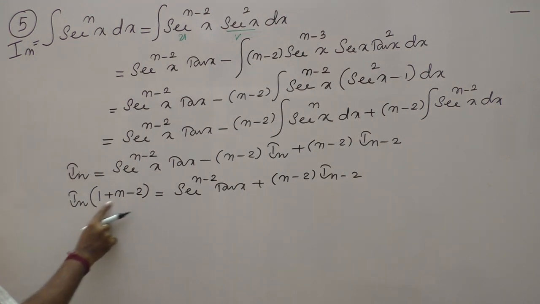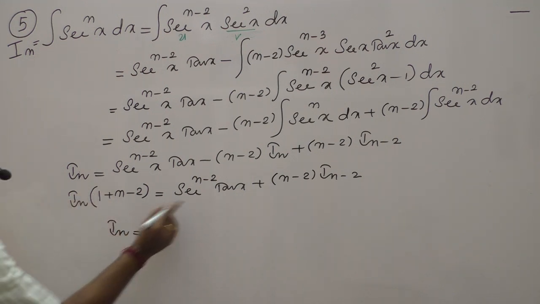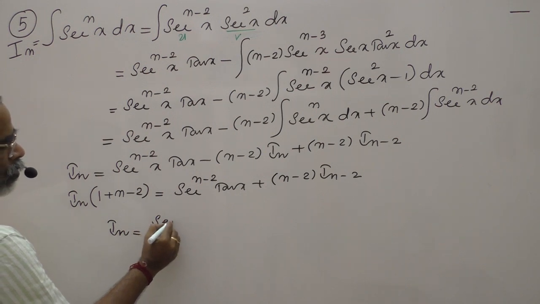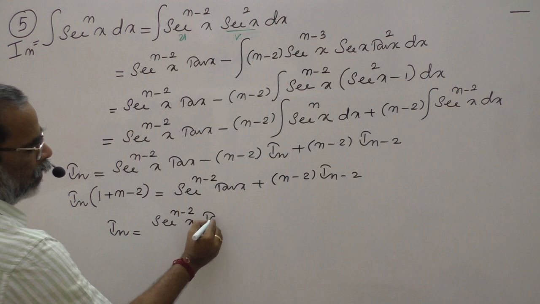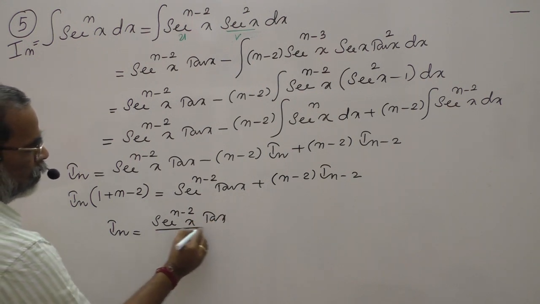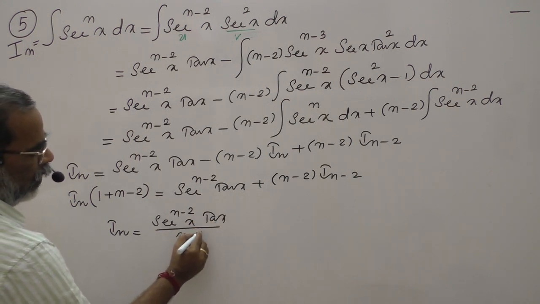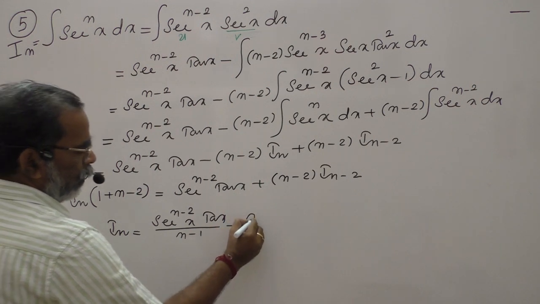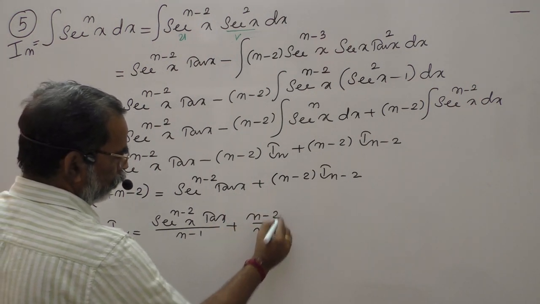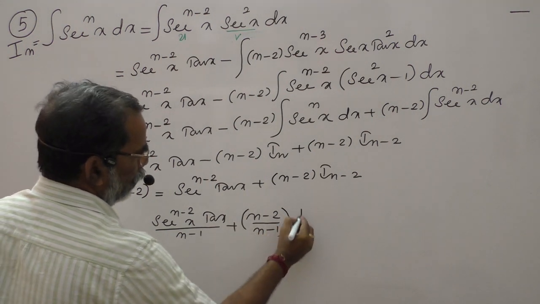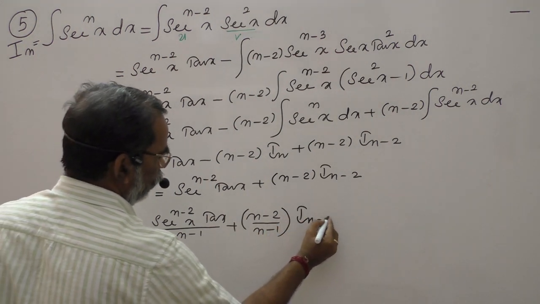So what is this now? Minus 2 plus 1 is minus 1, that means n minus 1. Write n minus 1 on the other side. So sec power (n minus 2) x into tan x, this n minus 1 divides, therefore n minus 1 divides this also into I_(n minus 2).